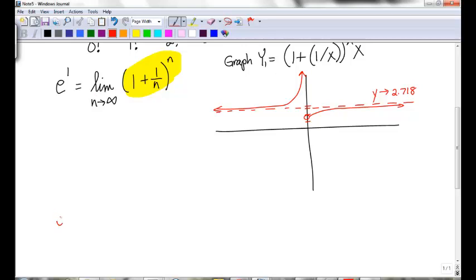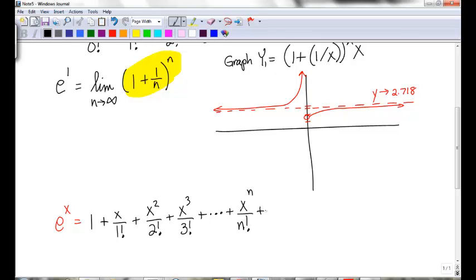Now e to the x power, that we did in pre-calc also. It was 1 plus x over 1 factorial plus x squared over 2 factorial plus x to the third over 3 factorial, and then plus, and then show 3 dots, plus x to the n over n factorial, and then plus dot dot dot.